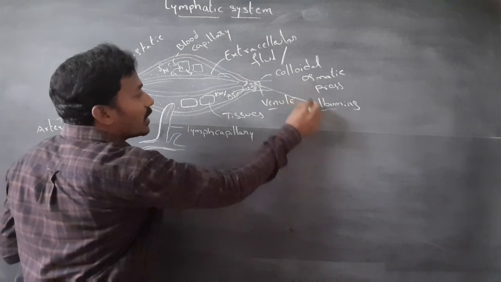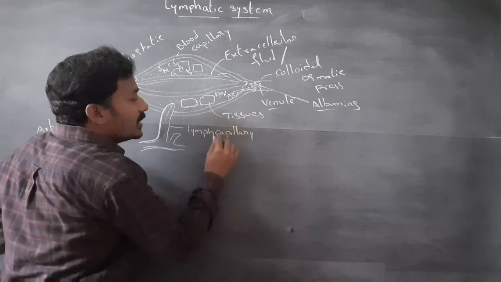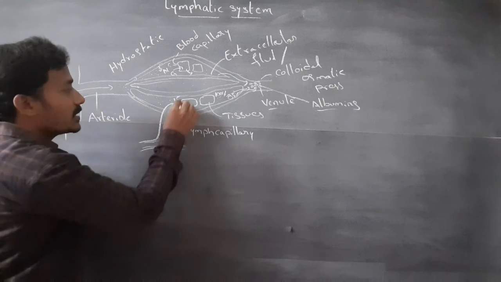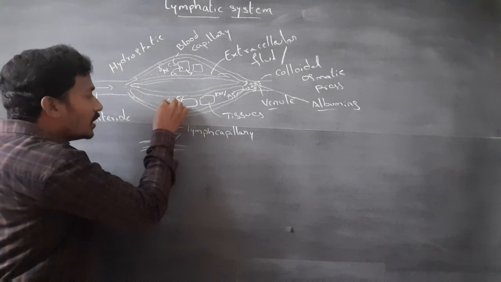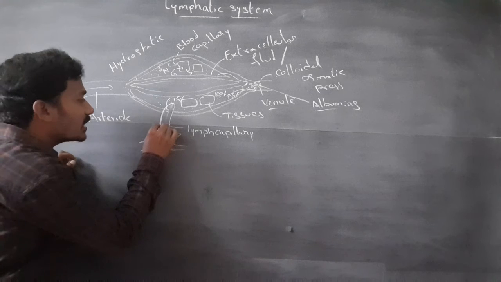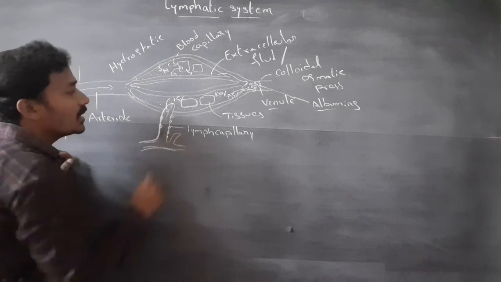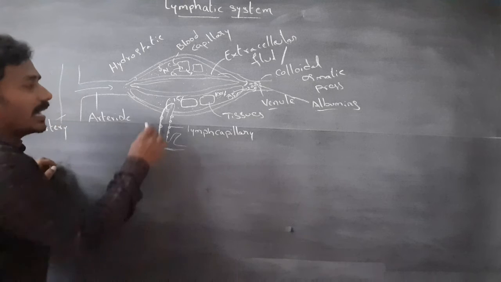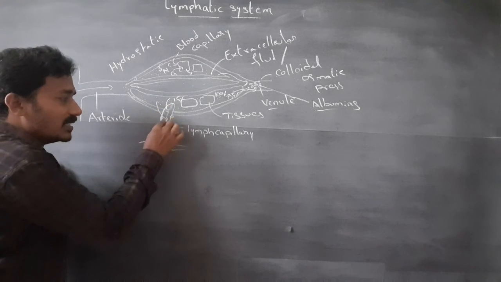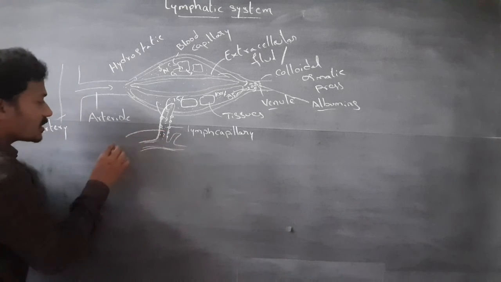Albumin creates colloidal osmotic pressure. The remaining 15% enters into the lymph capillaries. The extracellular fluid that enters the lymph capillary is called lymph.